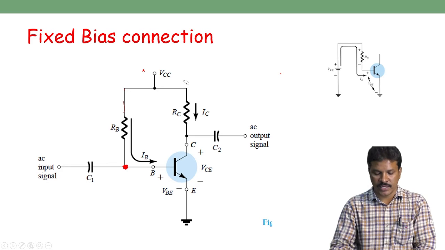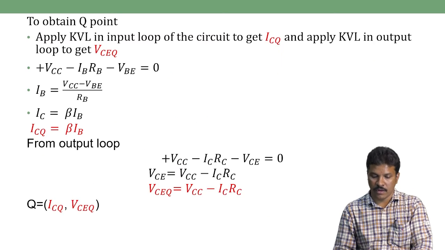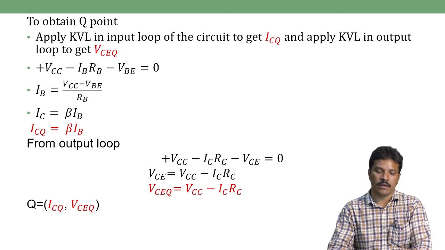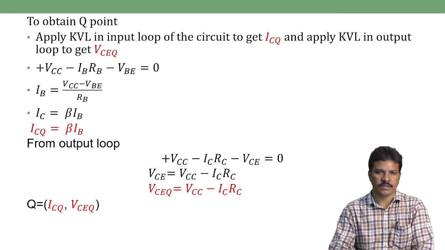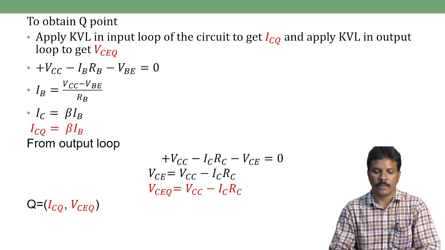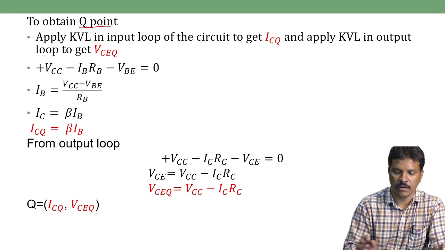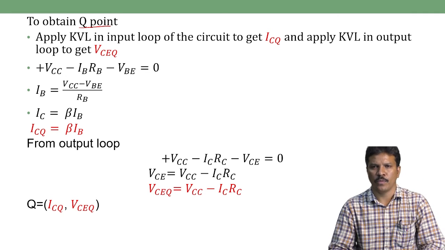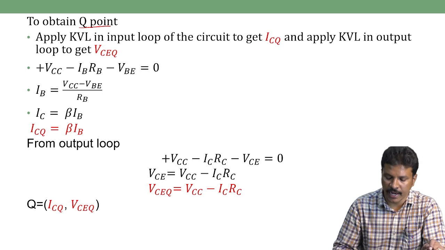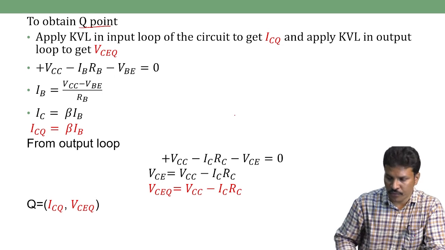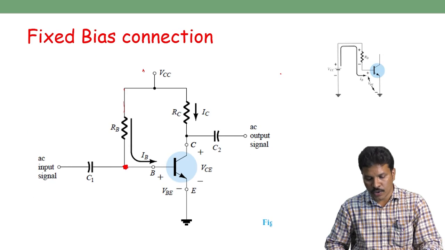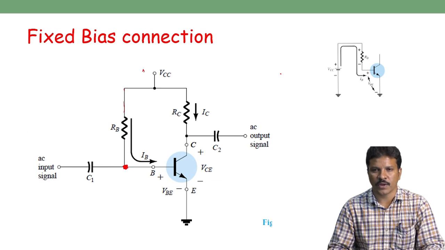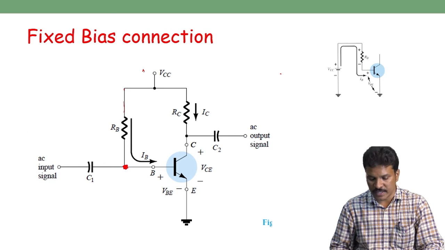In order to get the Q point, there is a procedure to follow. To obtain the Q point, apply Kirchhoff's voltage law to the input loop. What is the idea actually? We have been given only the circuit, the fixed bias circuit.